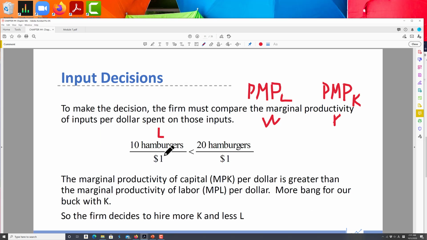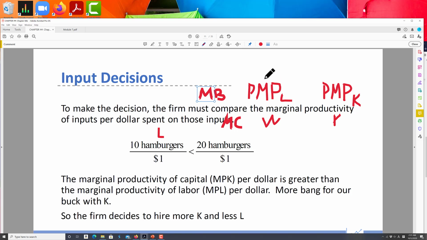So in order to make efficient input combination decisions, we're comparing marginal benefits and marginal costs of each input.